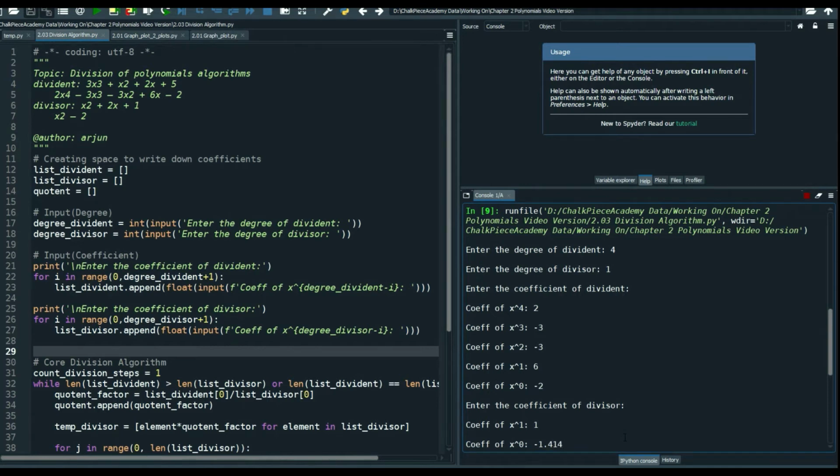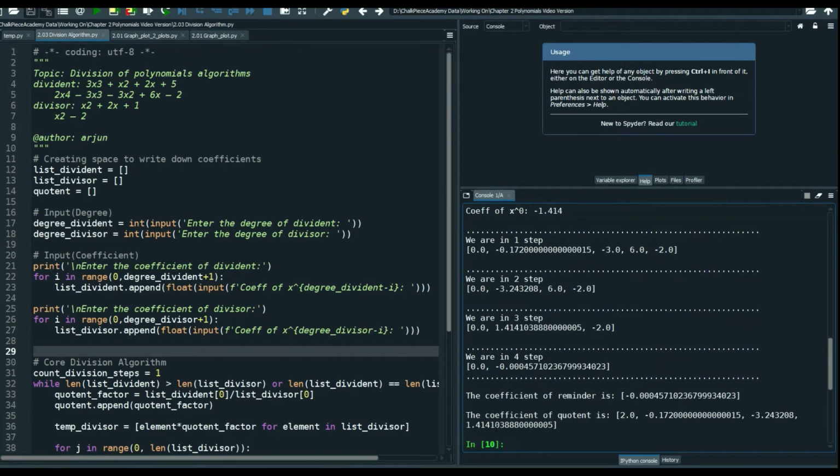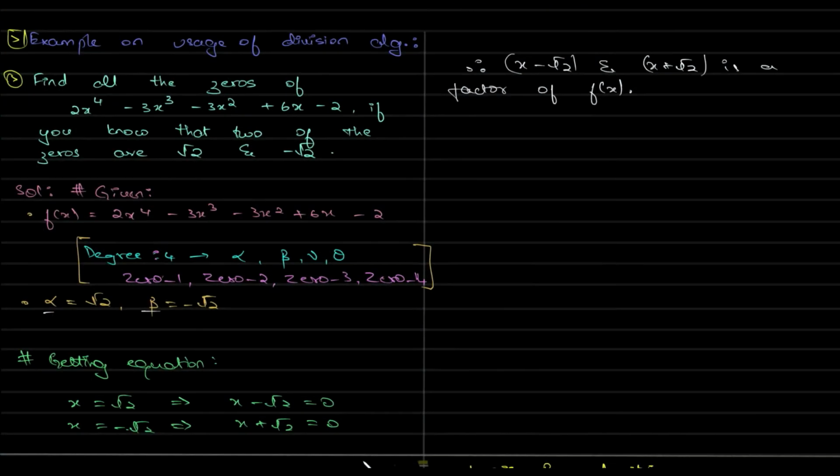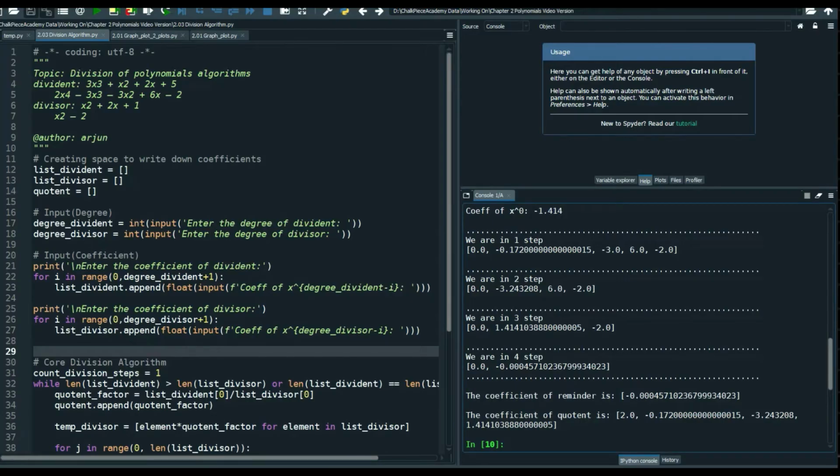We might not get a remainder 0, but approximately the remainder is almost close to 0. So we can see clearly that this can divide it with remainder 0.